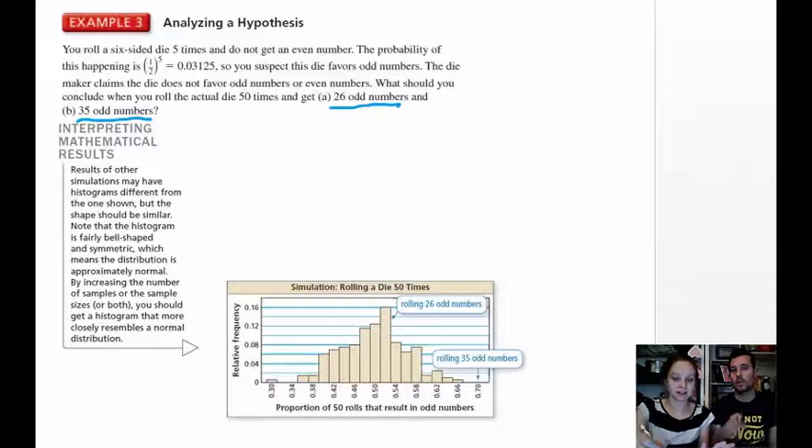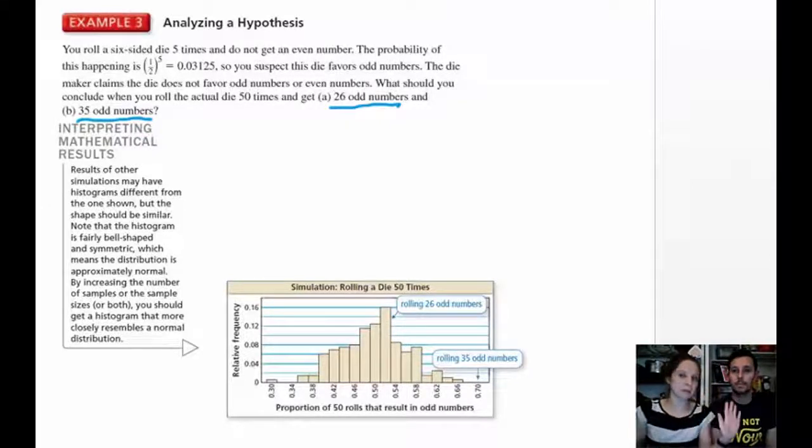So in other words, I'm going to roll a die 50 times. That's one simulation. I'm going to roll the die 50 times. That's our second simulation. I'm going to keep rolling the die 50 times until I've done 200 simulations. And this is a fair die. This is not the manufacturer's die that we're testing to see if it's fair. So in other words, we're getting a computer to do this. We're not actually doing this with a real life die, just what could happen.